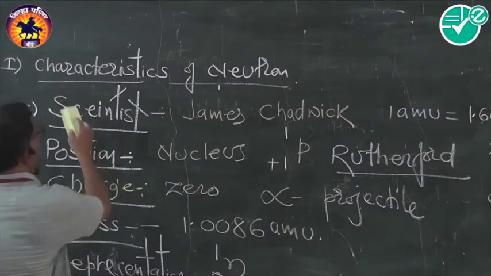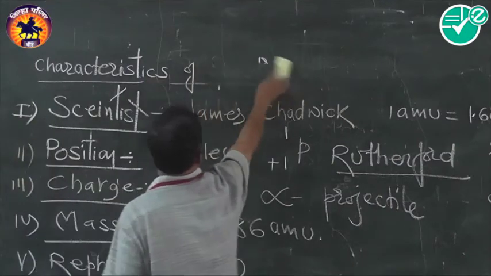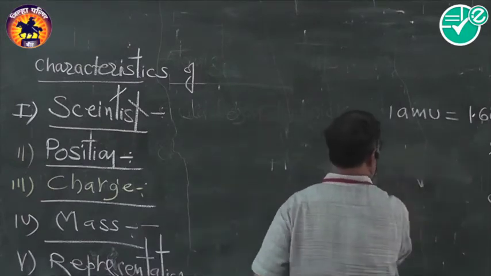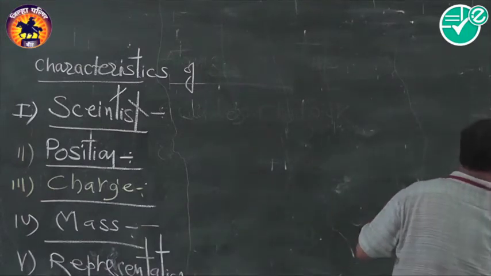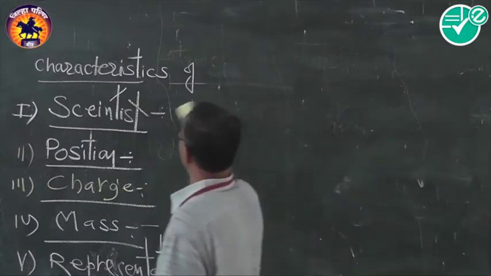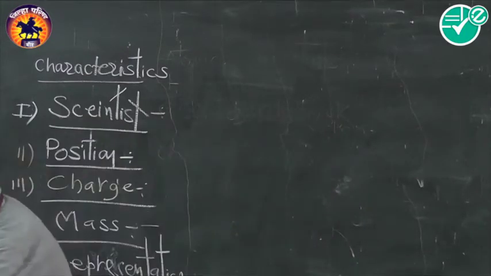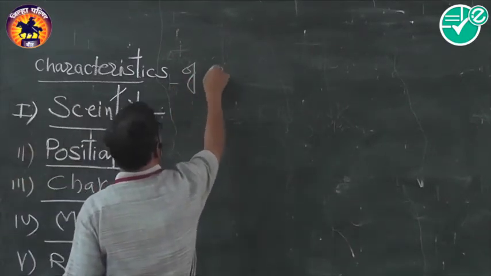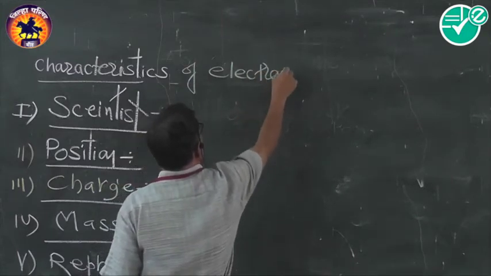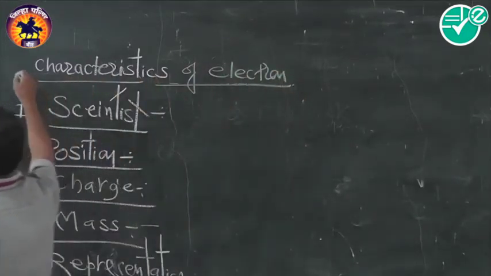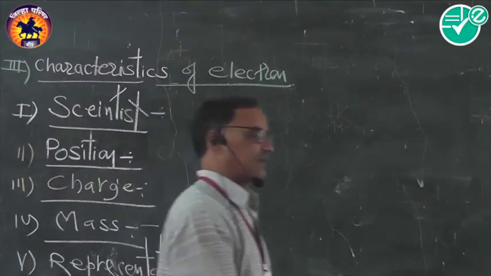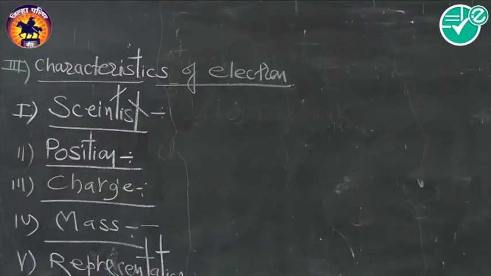And the final subatomic particle, the third one, the lightest subatomic particle, is called an electron.